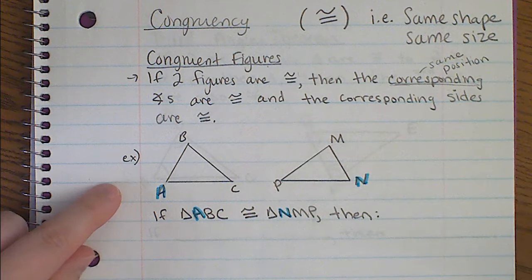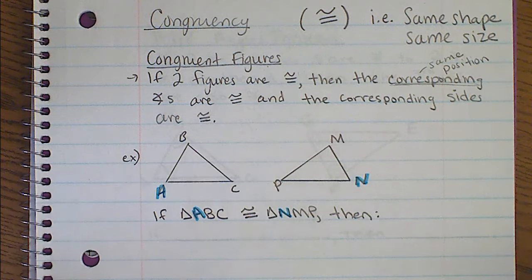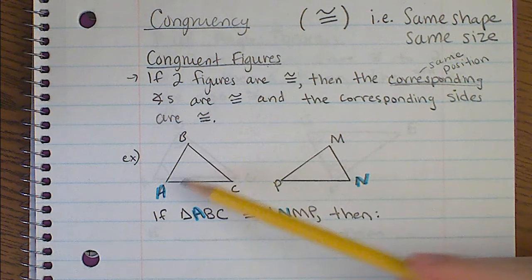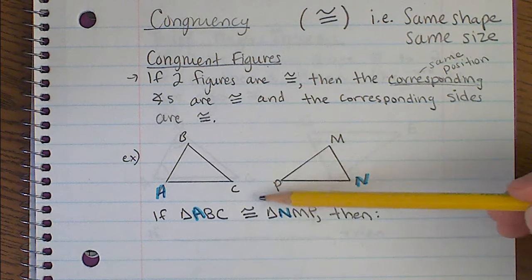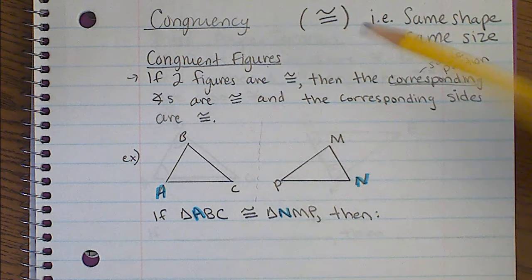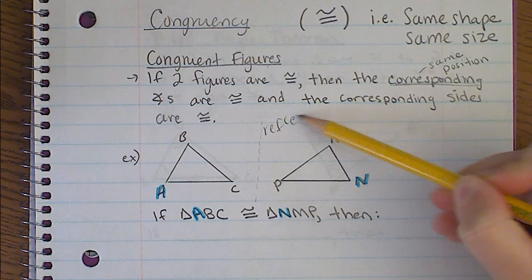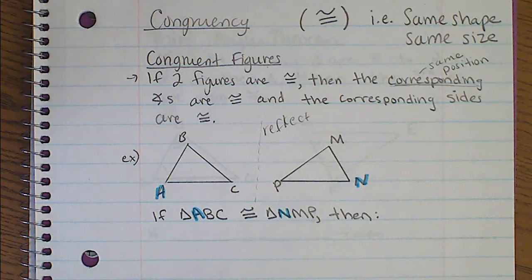Something that might also help you is to think about these congruent figures in terms of transformations. When we learned about reflections, translations, and rotations, that might help you, because I can see these triangles look as though they've been reflected. And so now it makes a little bit more sense why A and N would match up.